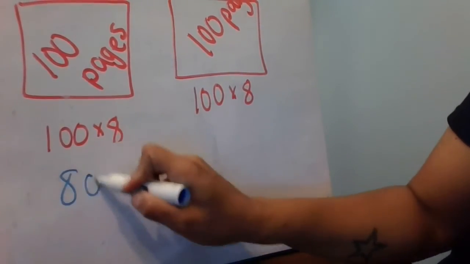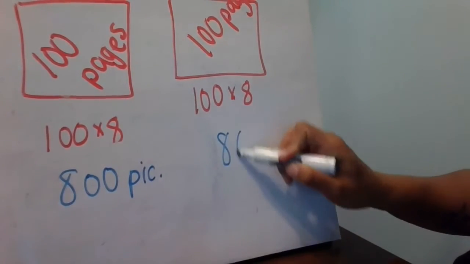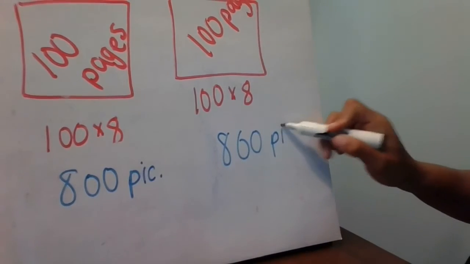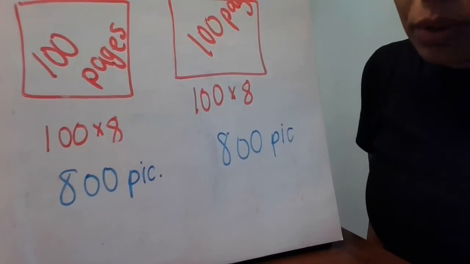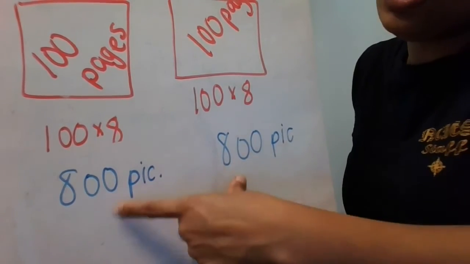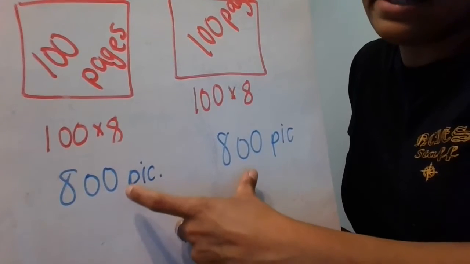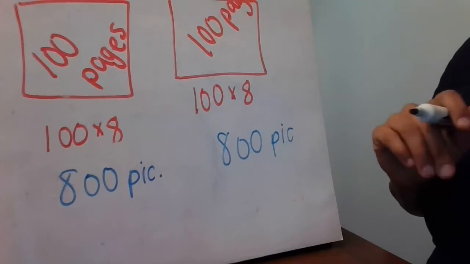So 800 pictures here, and I'm going to abbreviate pictures. 800 pictures here. Now the question wants to know, how many pictures can she fit into both books? Well, this is book 1, this is book 2. You should have added both of these together to figure out how many pictures she can actually fit into both books.